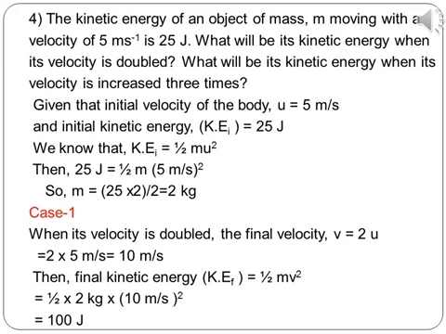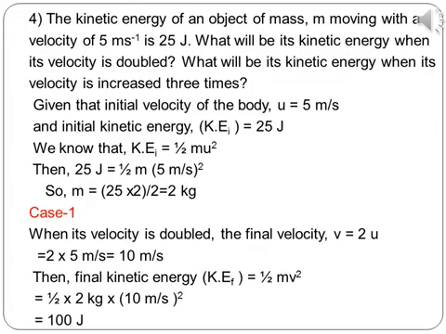Case 1. When its velocity is doubled, the final velocity is represented as v is equal to 2u. That is, it becomes 2 times the initial velocity u. By substituting the value of u, what should be its final velocity?